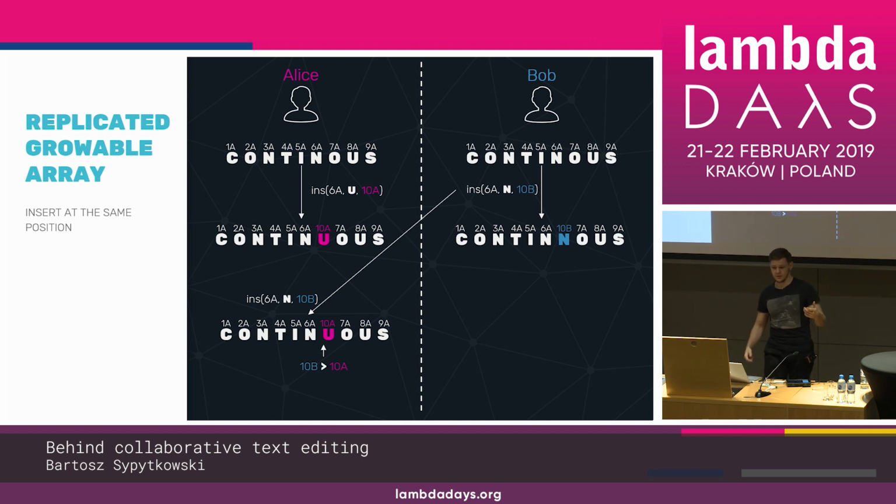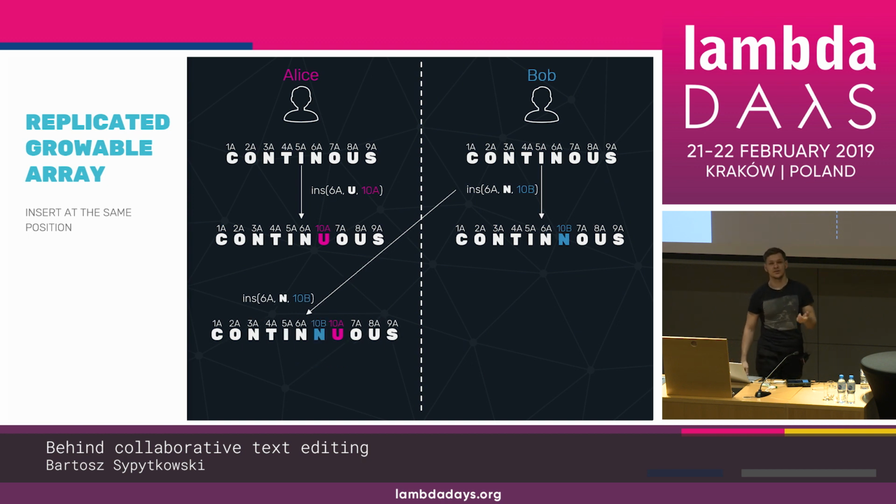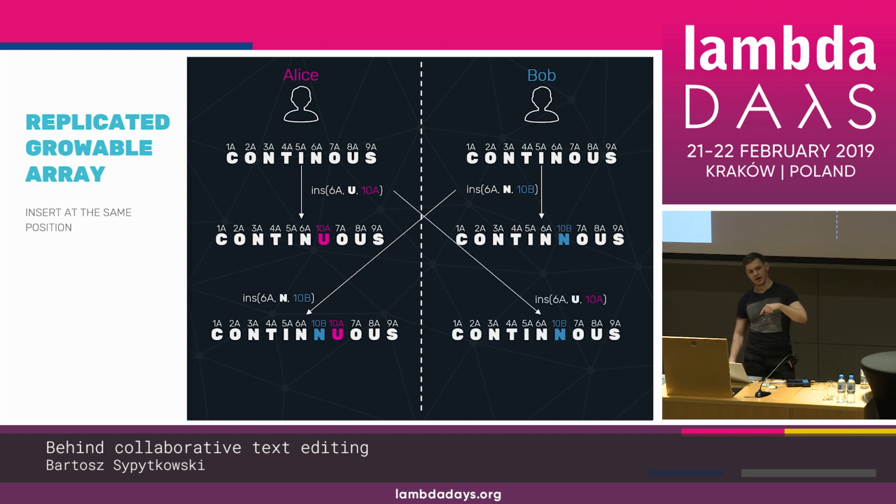In the case of Bob, this rule is satisfied because 10b is greater than 10a, so we can insert his operation in between. However, when we are propagating Alice's operation, we see that her position ID, 10a, is actually smaller than 10b. So what do we do? We skip over that operation to the next one.